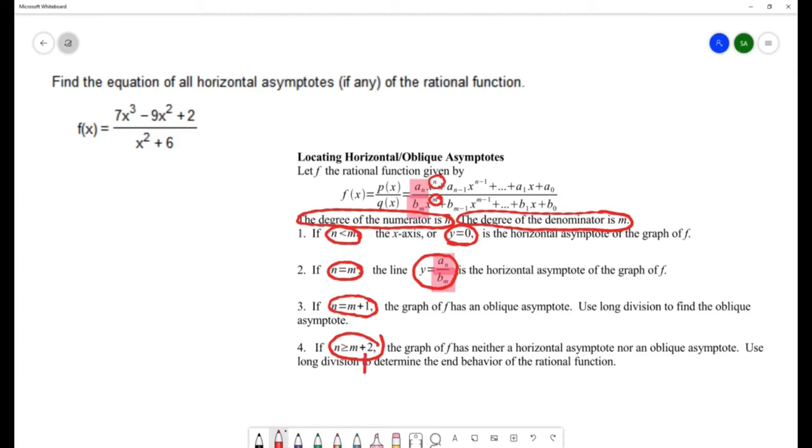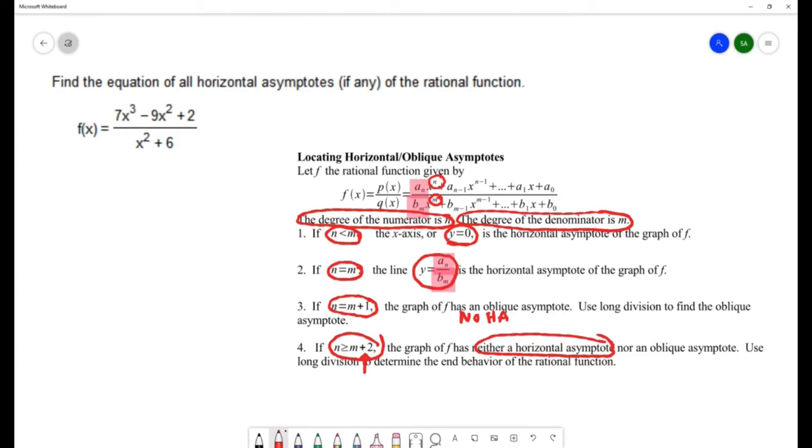Or in this last case, the degree of the numerator is a lot more, 2 or more, than the degree of the denominator. So we have no horizontal asymptote here and no horizontal asymptote here. So we need to figure out the degree of the numerator and the degree of the denominator, compare them, and decide which case we're in.